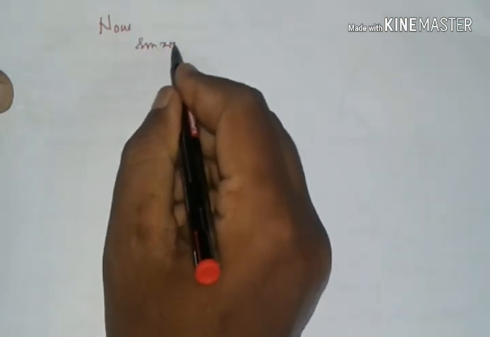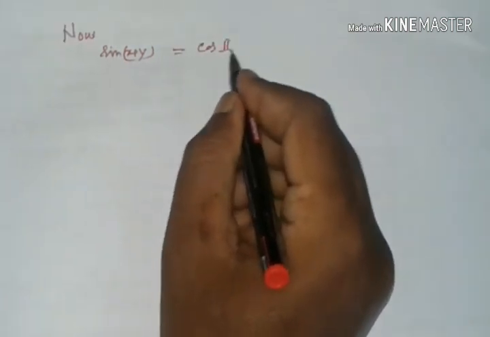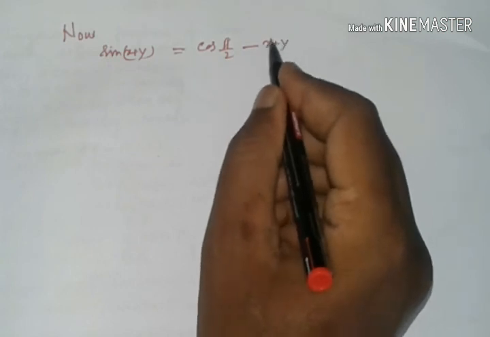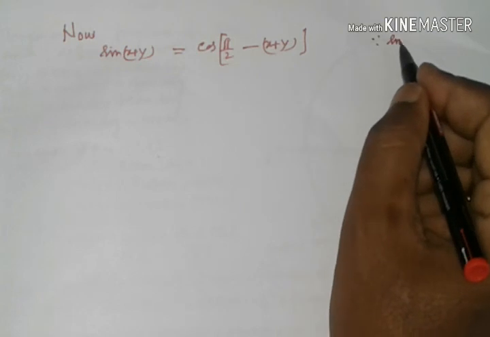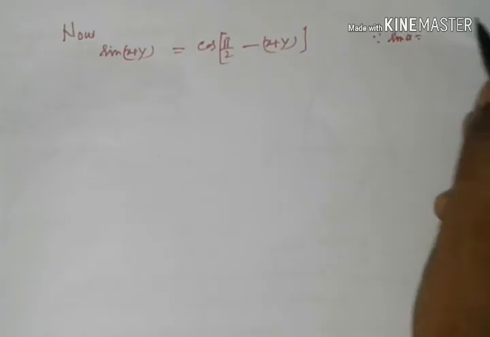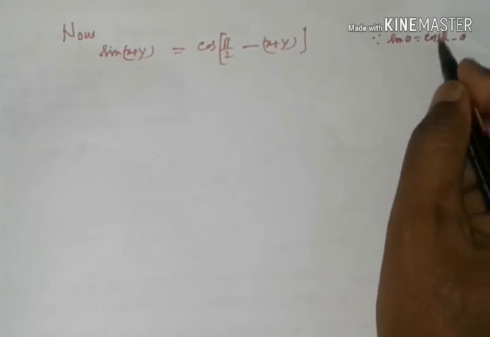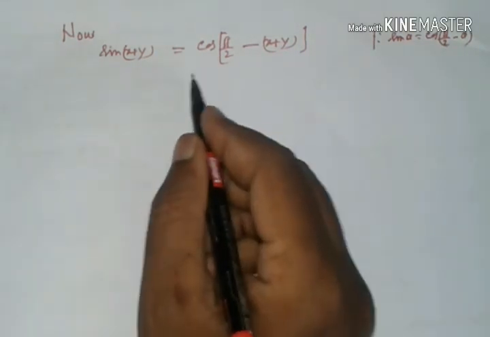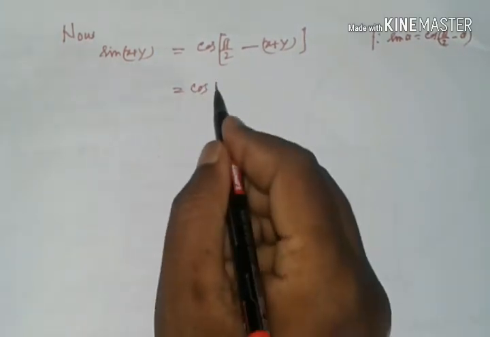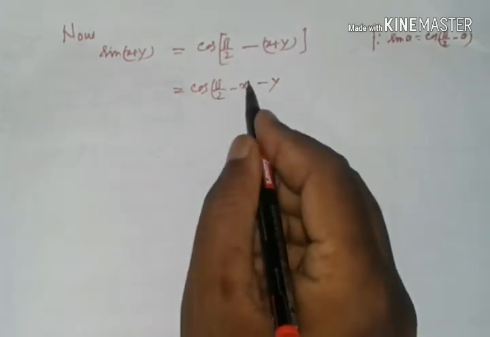Sin x plus y is cos pi by 2 minus x plus y, since sin theta is equal to cos pi by 2 minus theta, which we have already got in class 10 standard also. From this we can write this as cos of pi by 2 minus x, minus y.